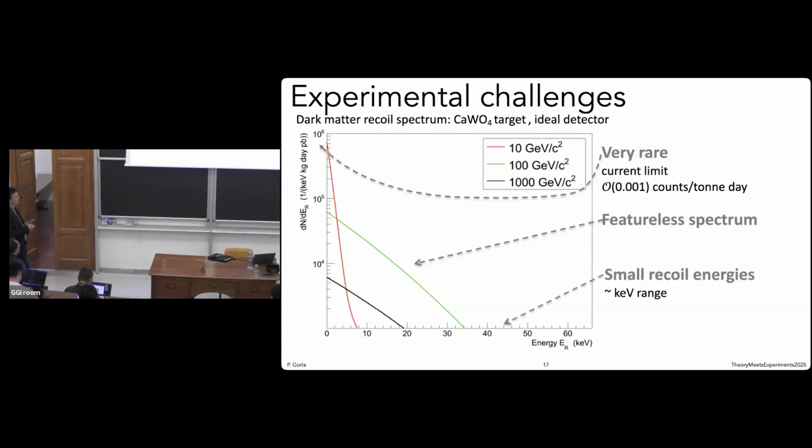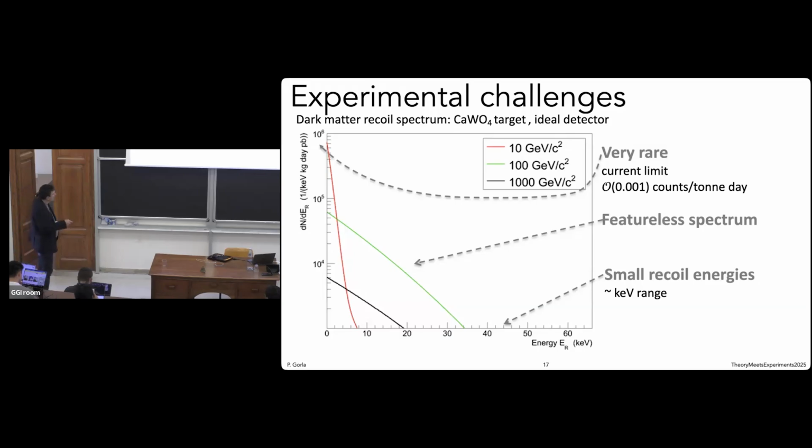And of course, the energy release is very small. We go from the keV range to much smaller energies, depending again on the mass of the particle. Here you can also see what I was mentioning before, that once you set the threshold of your detector in energy, this makes some dark matter mass inaccessible.